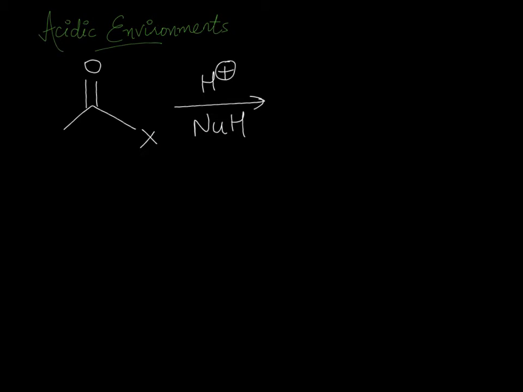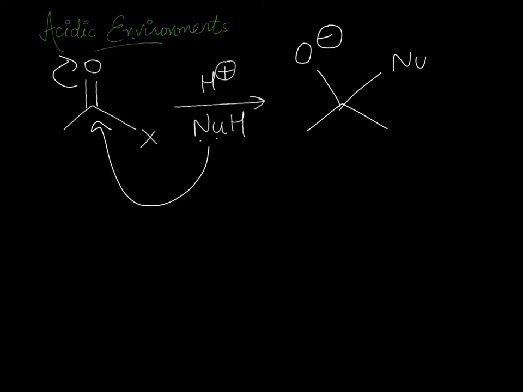So let's look at a mechanism for this. Your nucleophile is trying to attack the area of low electron density, such as your carbonyl carbon, but can it directly attack? Well, let's see what happens if it does. It attacks there, pushes those electrons up, and that forms a negative charge on the oxygen, which is not allowed in an acidic environment like we talked about.